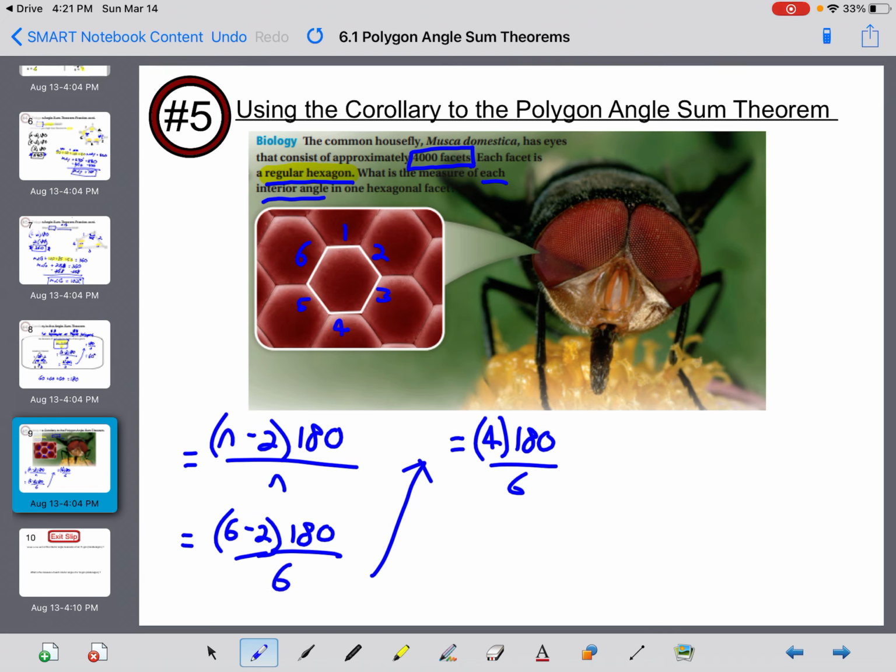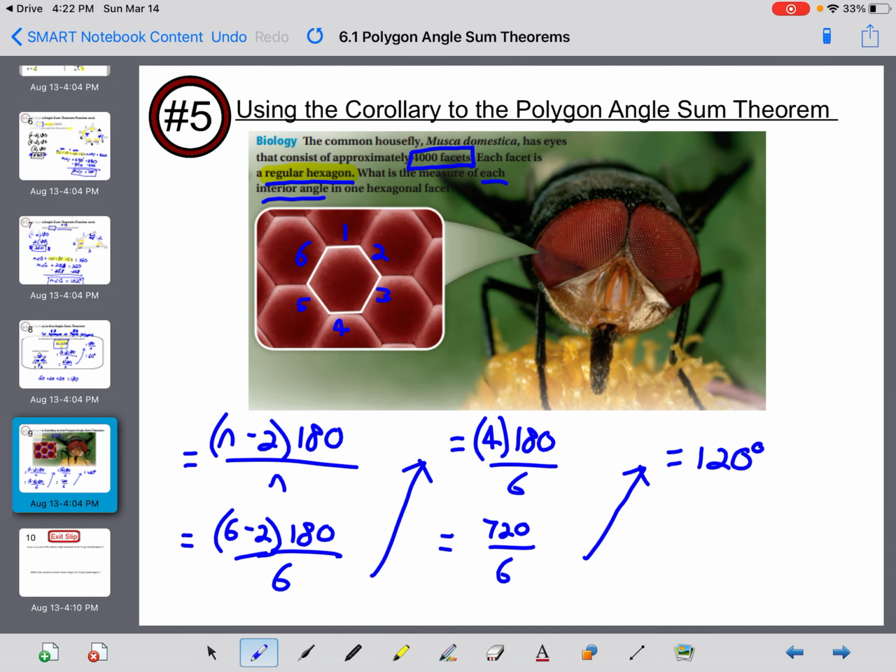So if we plugged in 4 times 180 into our calculators, we would get 720 divided by 6. And if you take 720 and divide it by 6, that equals 120 degrees.